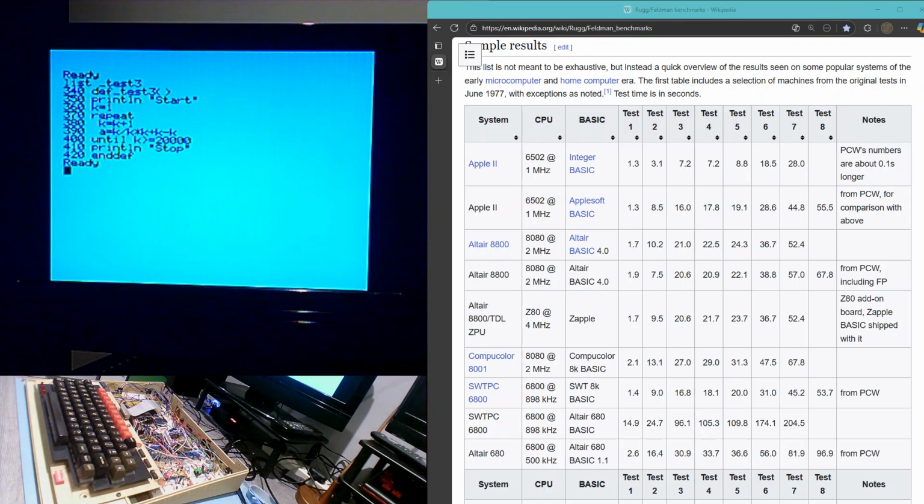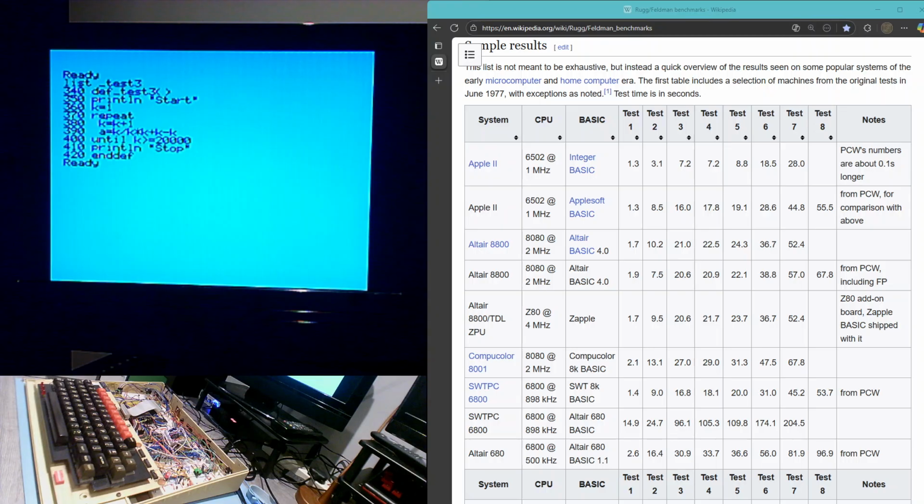So 9 times quicker. And then test 7 is 3.2 seconds from my measurements, versus 28 seconds here. So again, 8 times quicker.